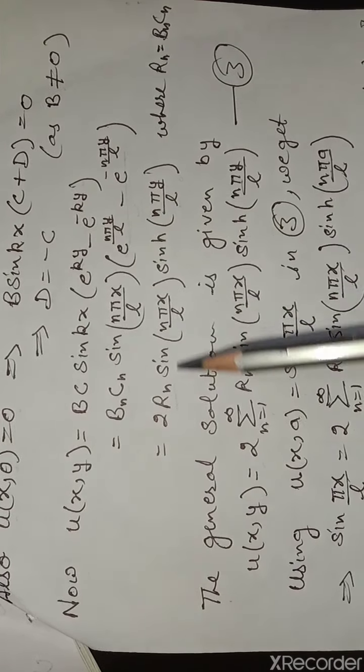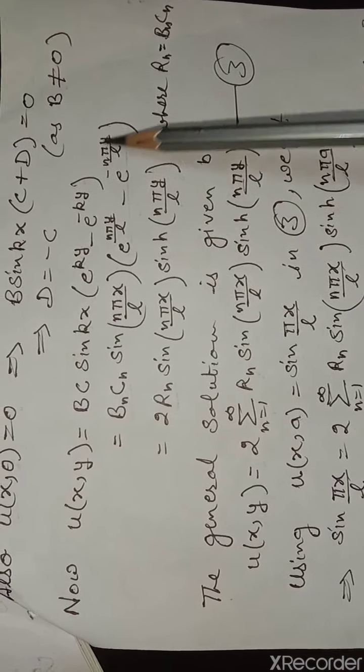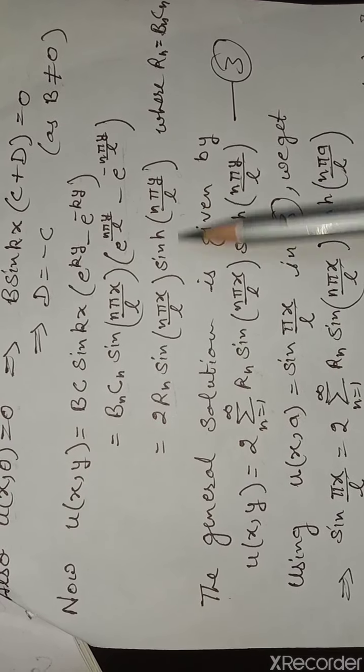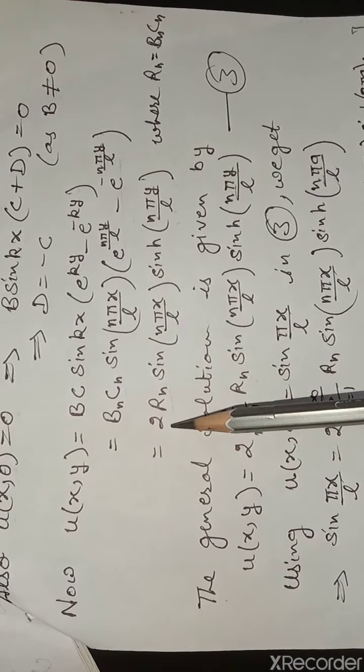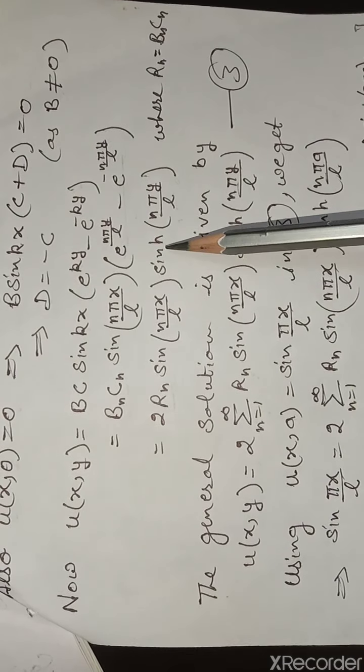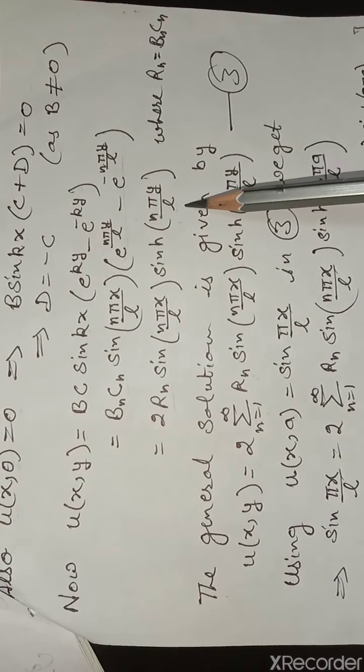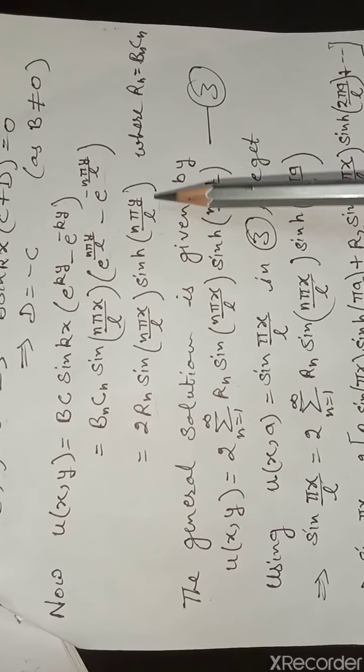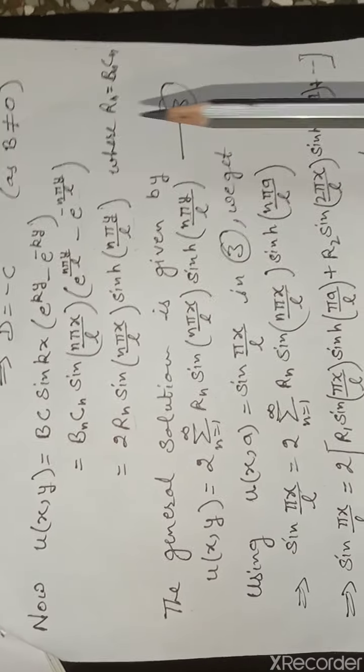Then this will become the sine hyperbolic function. So now the solution is nothing but twice of Rn sin(n pi x by l) sinh(n pi y by l), where n is coming from the set of all natural numbers.